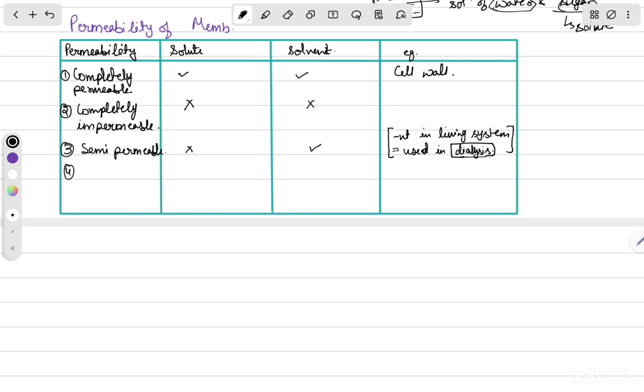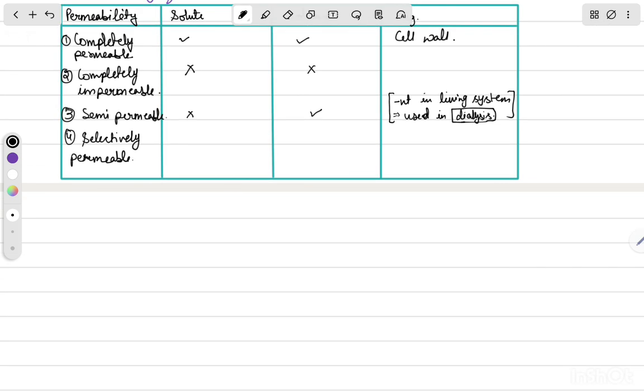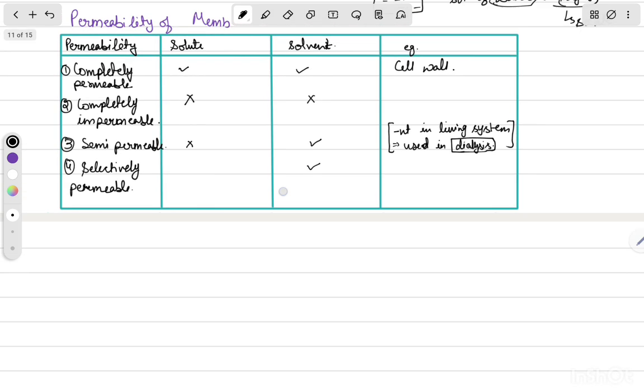Next type is selectively permeable membrane. Now, if we talk about selectively permeable membrane, in selectively permeable membrane, solvent is allowed, solute is also allowed, but only selected solute particles are allowed, right?